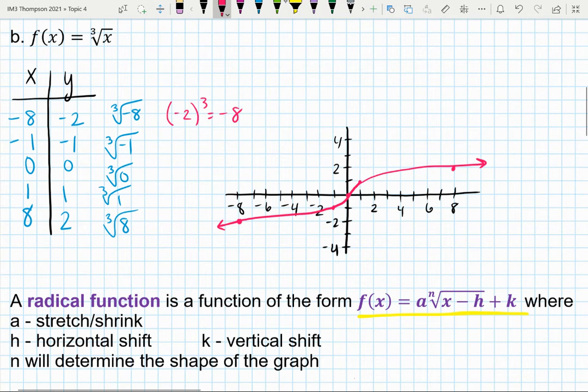So here's the cubed root parent function. Big difference between square root and cubed root is that the cubed root function goes left and right forever and up and down forever.